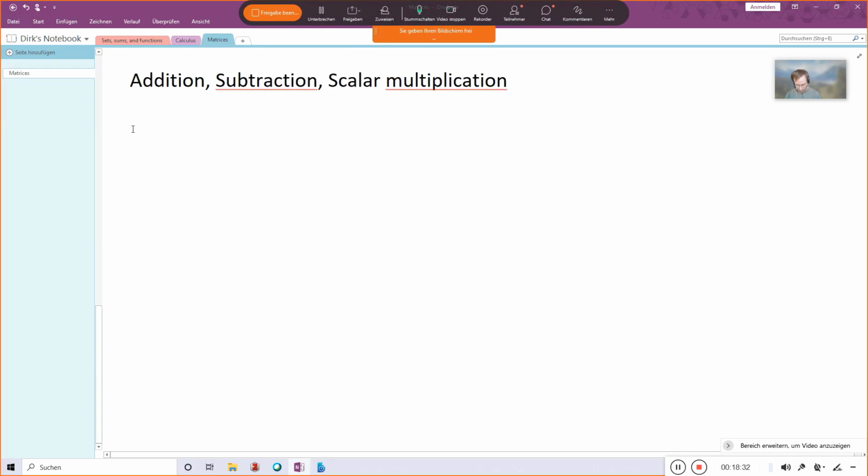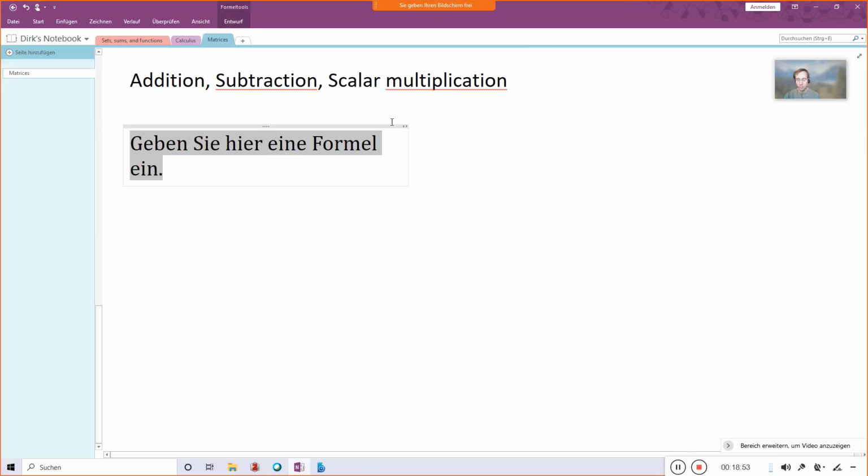So let's first talk about adding two matrices. So if we have two matrices A and B, we can form a third matrix C as the sum of two matrices. The important thing is these matrices that are being added need to have the same dimensions, otherwise matrix addition and also subtraction is not defined.